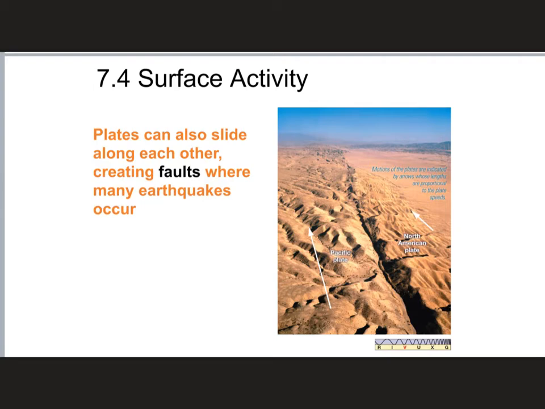It's not as active as the San Andreas one, but when it has gone in the past, it has generated some very large earthquakes. So it is something that is a concern to people that live in this region. But regardless, the idea here is that as these plates rub against one another, they create lots of pressure and eventually they slip. And it's that slippage that creates the event of the earthquake.